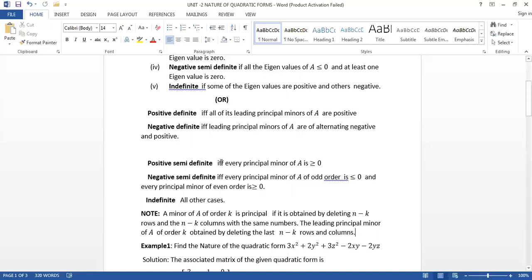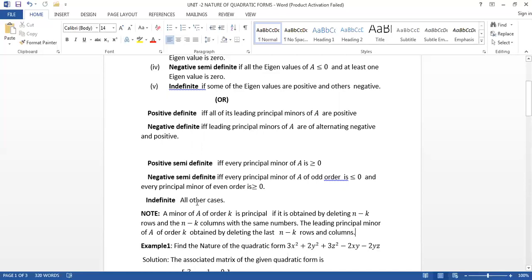For positive semi-definite, if and only if every principal minor of A is greater than or equal to 0. Negative semi-definite if and only if every principal minor of A of odd order is less than or equal to 0 and every principal minor of even order is greater than or equal to 0.